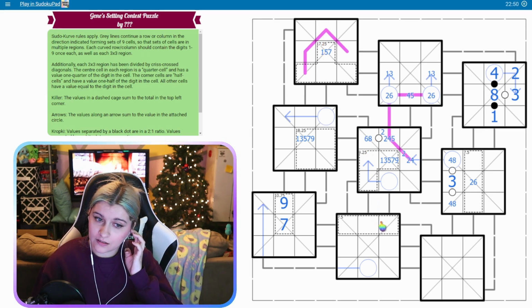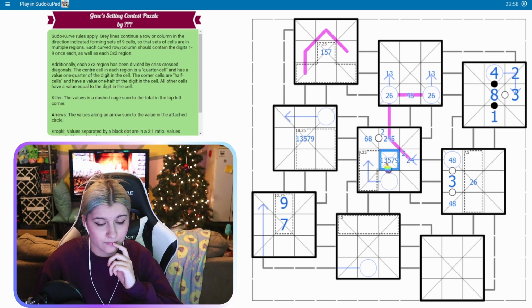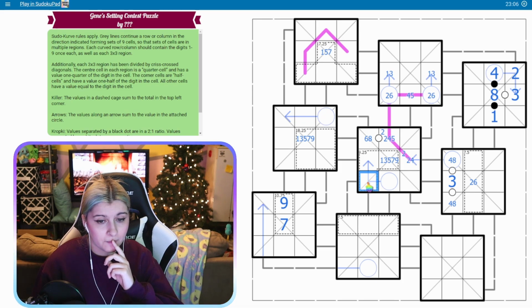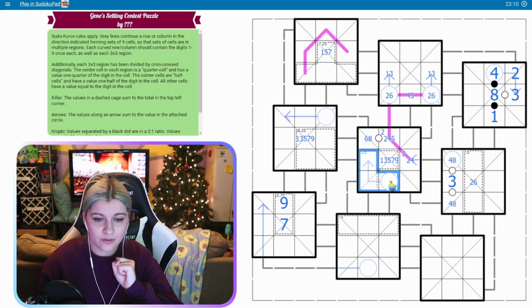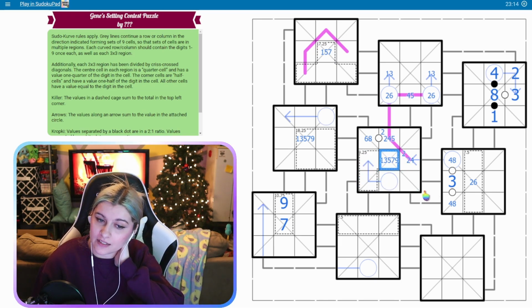Let's look at this some more. If this is a 1, these two sum to 9. Probably fine. If this is a 3.75, this will have to be an odd number. Ooh. I kind of want to look at this, but I'm not sure if this has to be odd or not, because it depends on what this ends up being.